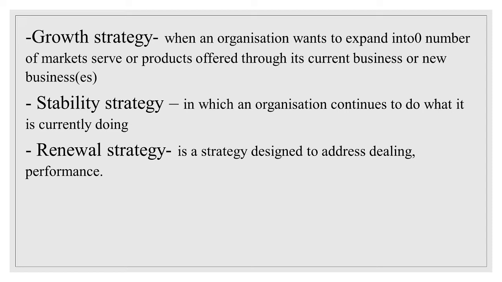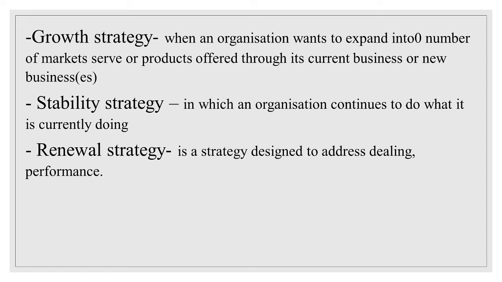The second would be forward vertical integration, where the organization becomes its own distributor. And we have horizontal integration, where a company grows by combining with competitors. We also have diversification. Related diversification is when a company combines with other companies in different but related industries.